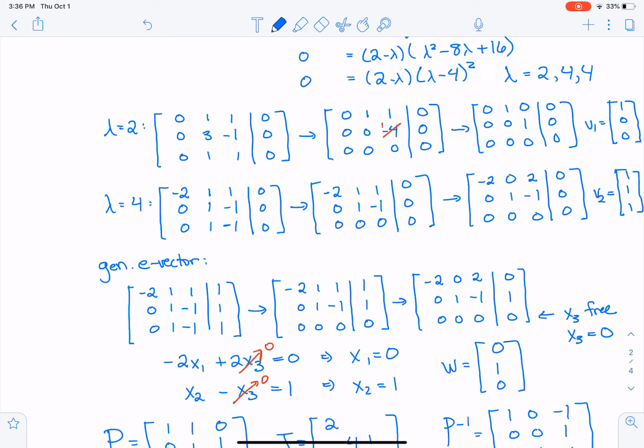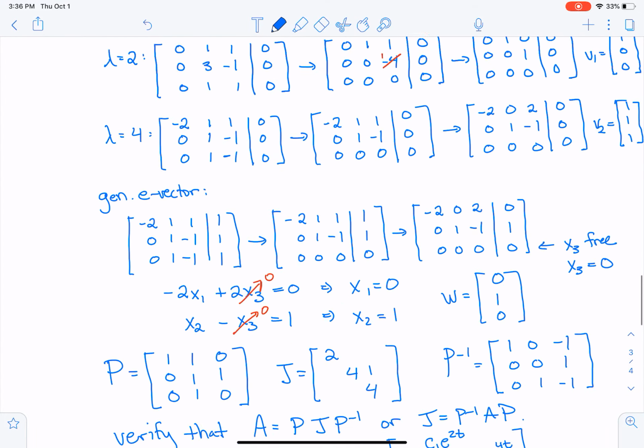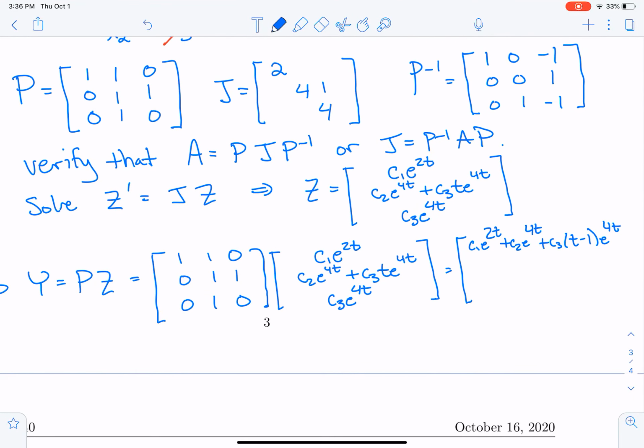So I'll leave it up to you to do the matrix multiplication. Then the second row will be C2 e to the 4t plus C3t e to the 4t. And then the third row is going to be C2 e to the 4t plus C3 times t minus 1 e to the 4t.